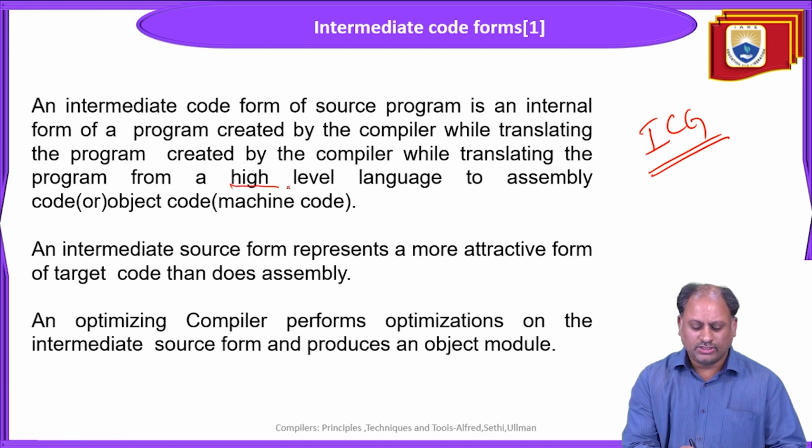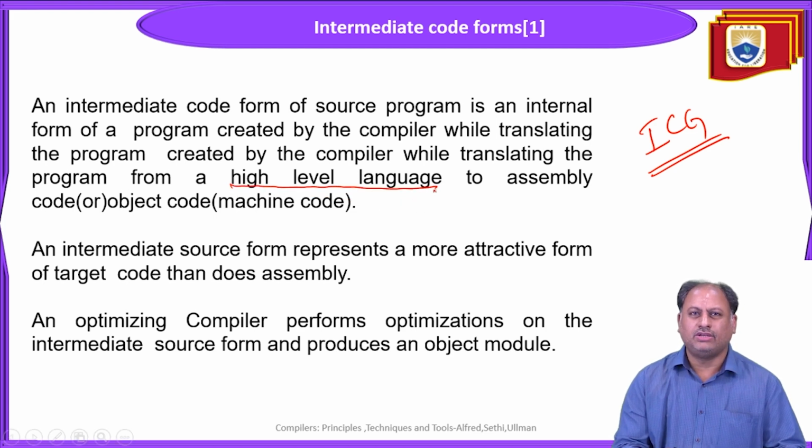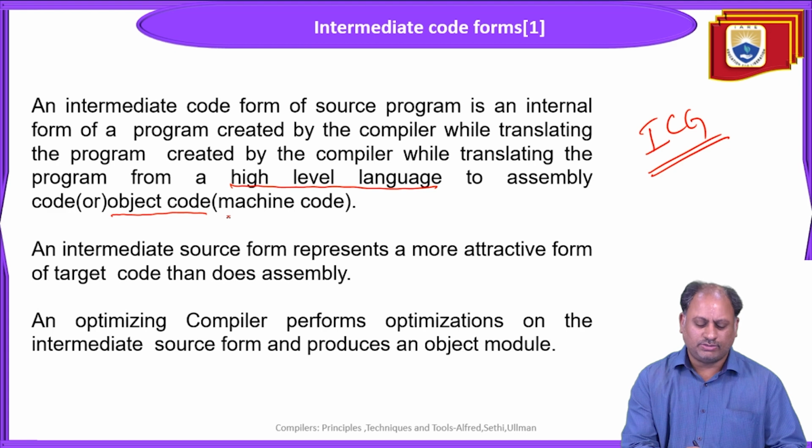That means the programs are written in languages such as C, C++, Java, etc. Those programs are to be translated into machine understandable code, which is called object code. That's why it is also called machine code.